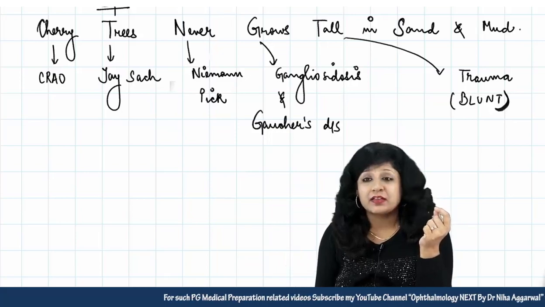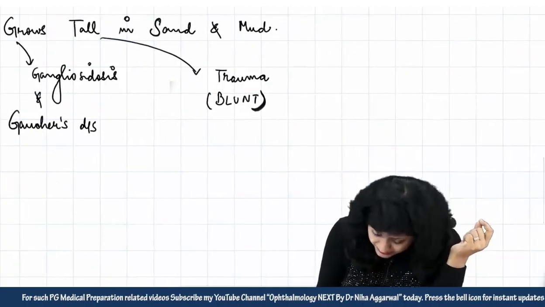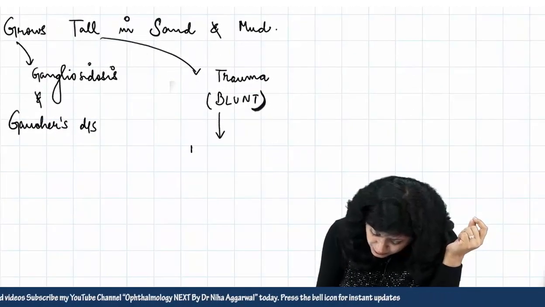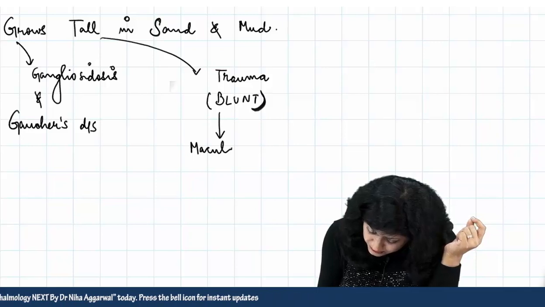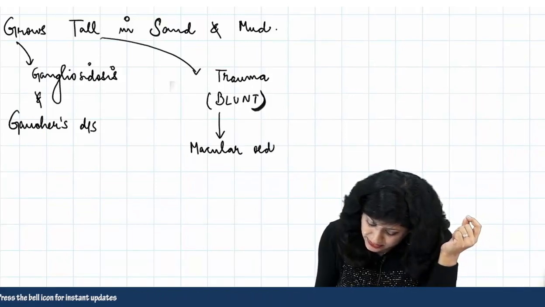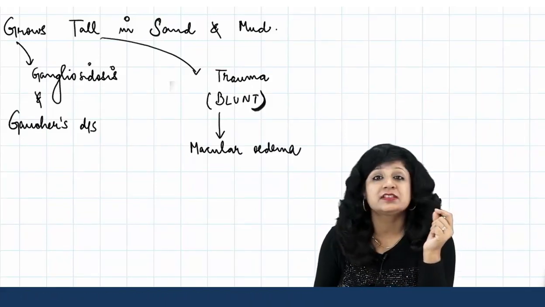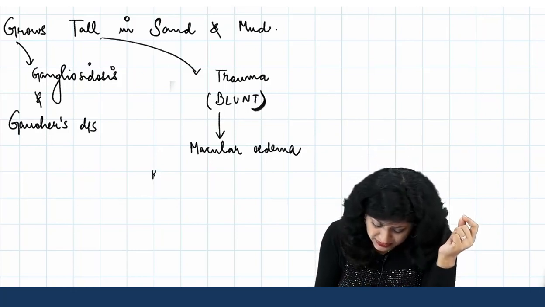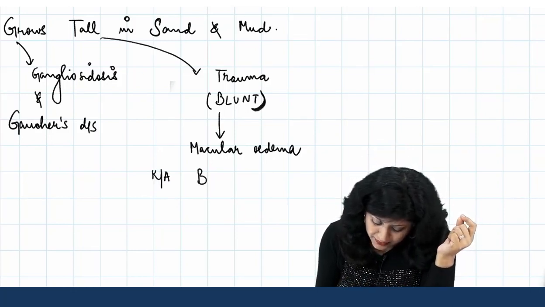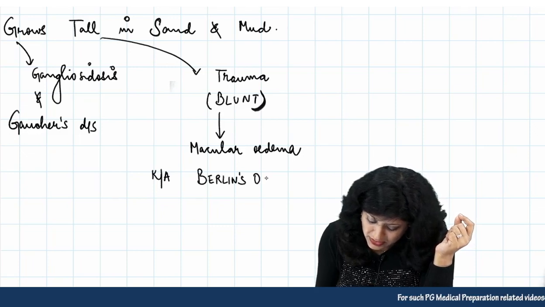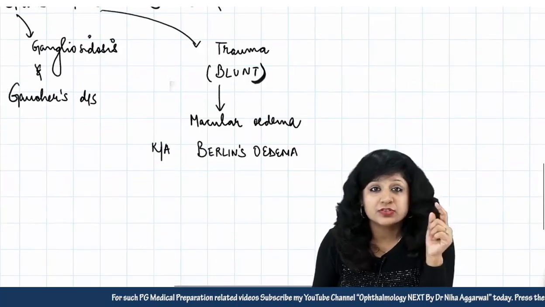Another important thing related with this trauma is that in the blunt trauma you get the macular edema, and in this macular edema there is a special name. This is called Berlin's edema. This edema is called Berlin's edema. And what is the another name? Can you tell me?